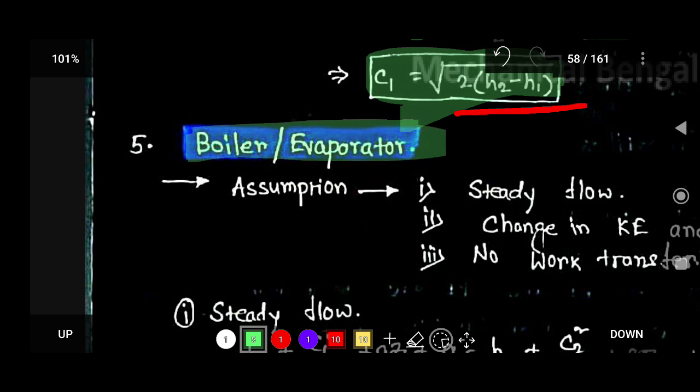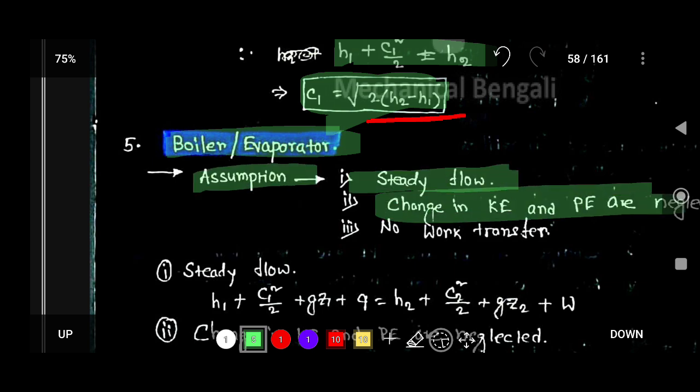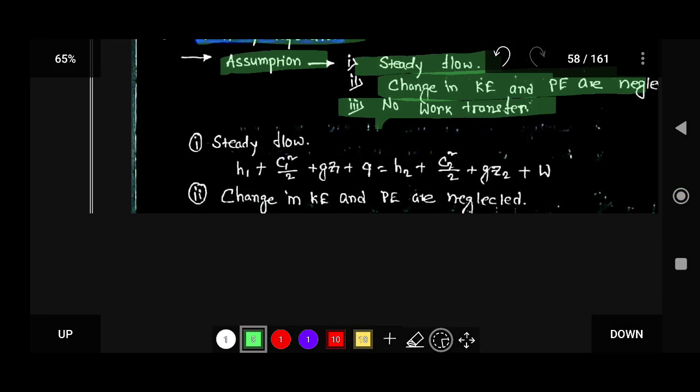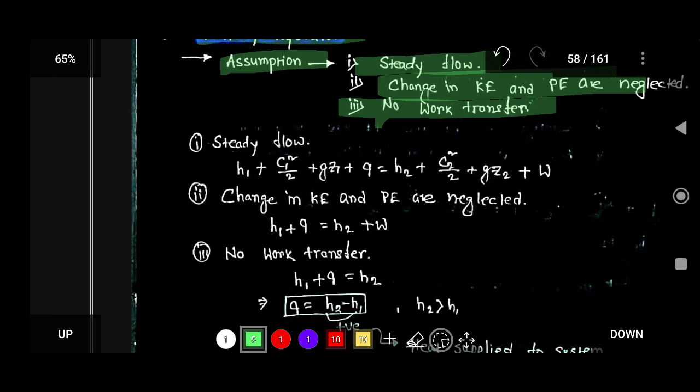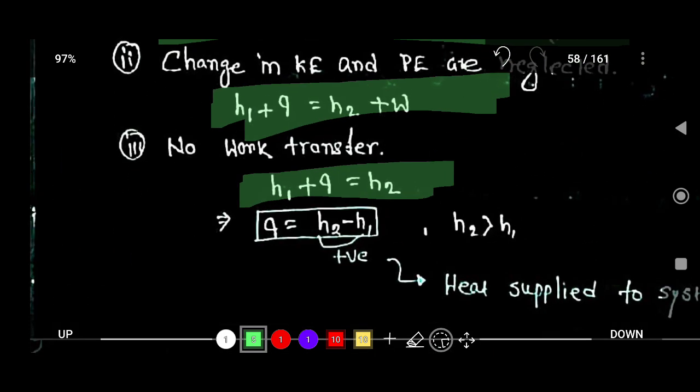Just apply the steady flow energy equation of the boiler. The assumptions are steady flow, change in kinetic energy and potential energy are neglected, and in boiler or evaporator there is no work transfer. So the equation will be like this: H1 plus Q is equal to H2.